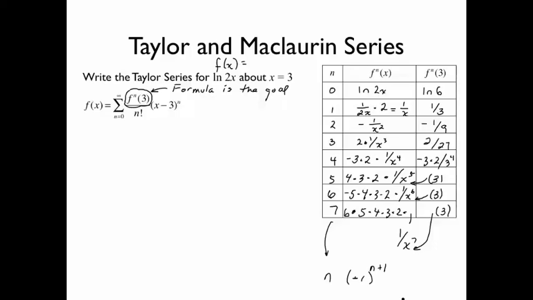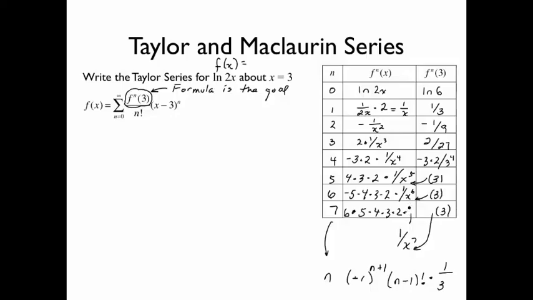And then for the nth derivative, what factorial do we have? If n is 7, we have the n minus first derivative, or 6 factorial. And then we always have 1 over 3 to the what?